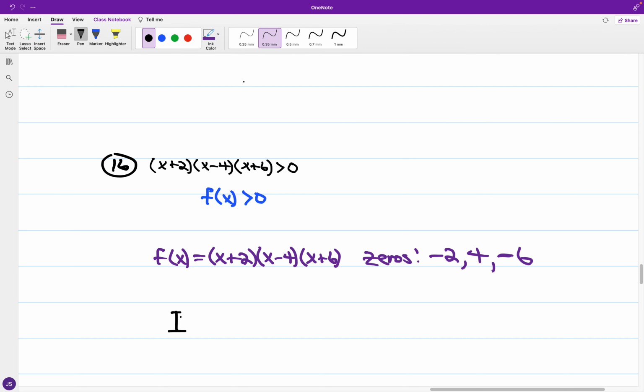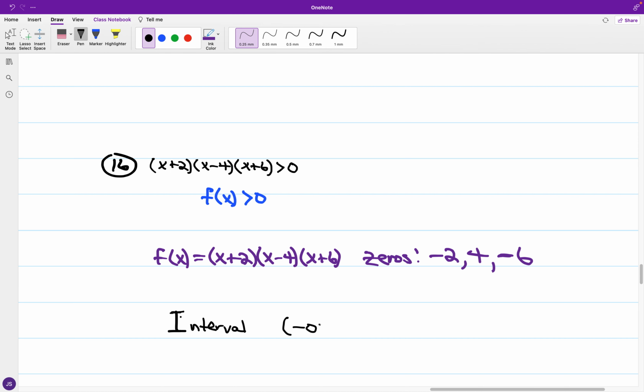And just in the creation of the interval sections, remember, you want to put the arrangement where the zeros are in increasing order. So the least of the zeros is -6.